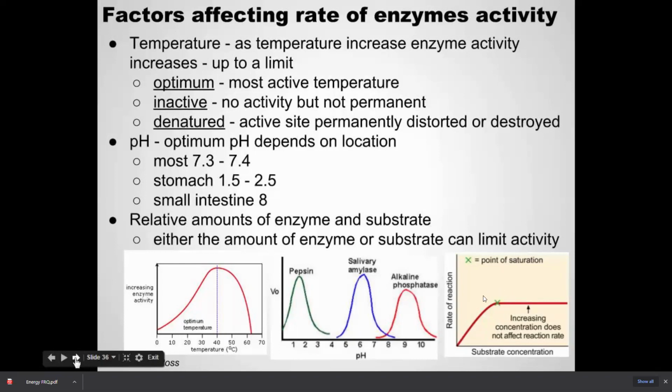It's a car factory, right? But if you have 10 workers and 1 million tires, they're not going to be able to make 1 million cars. There's only a certain number of cars they can make in a given day, even if you have lots and lots of supplies. So you're limited by the enzymes in that case. So this would be like a substrate concentration rate of reaction graph.